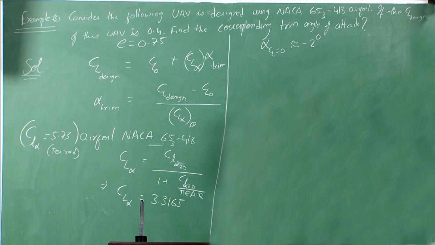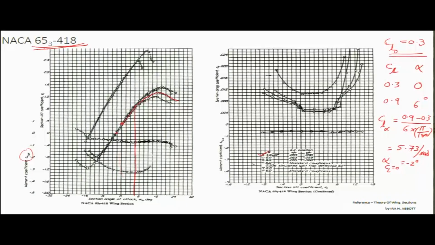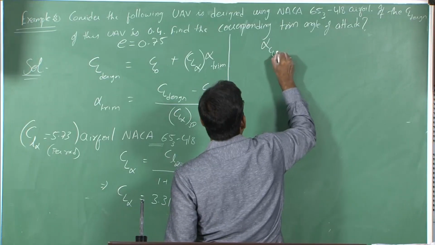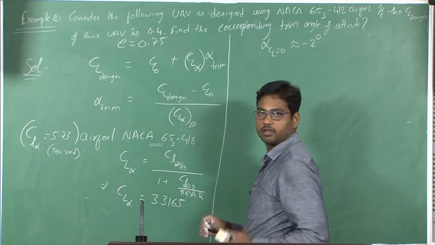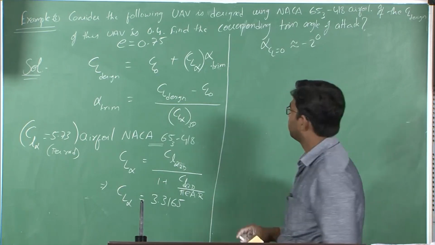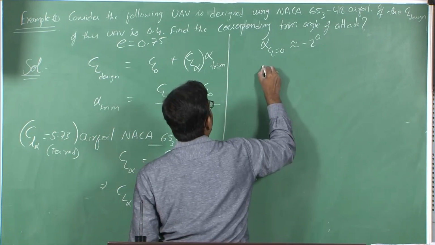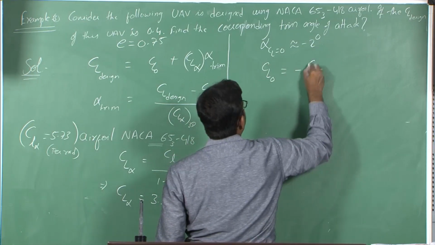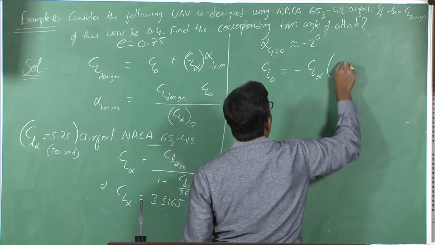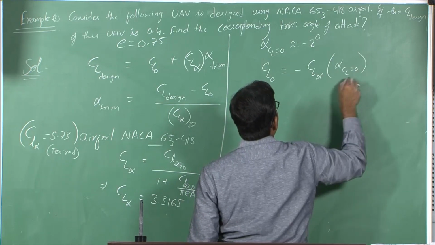Now how do we find the CL naught of this wing? Again from the airfoil data, the alpha at which CL is equal to 0 is approximately minus 2 degrees, which will remain the same for the wing as well as the airfoil. Now, CL naught of the wing is minus CL alpha of the wing into the alpha at which CL is equal to 0.